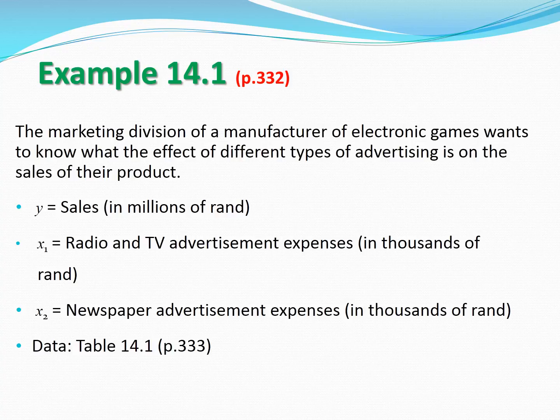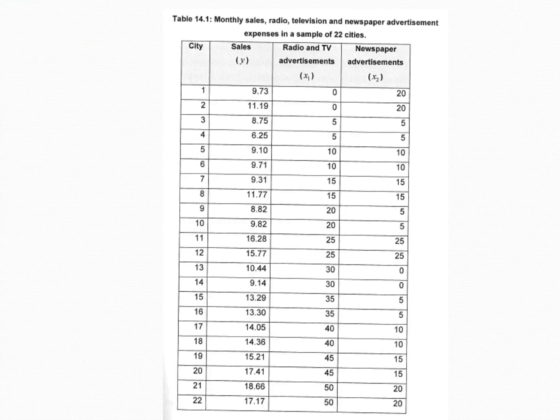So in table 14.1 on the next page they give you the data input. The data was recorded for 22 cities, so our sample size is 22, and just take note that the sales was input as decimals to make the data processing and input easier, but remember sales was given in millions, so for the first city the sales of 9.73 will represent 9,730,000.